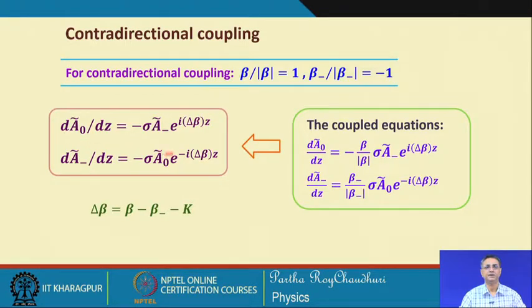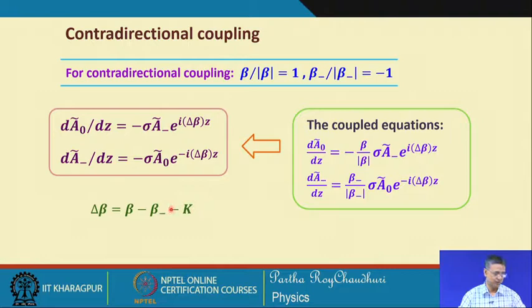And for contra-directional coupling, we will have a similar set of equations. In this case, beta by mod beta will be equal to 1, beta minus by mod beta minus is equal to minus 1. It indicates the directionality also. Therefore, from this equation we get this, and delta beta in this case is given.